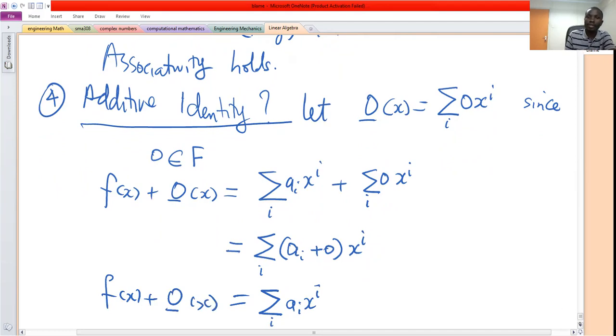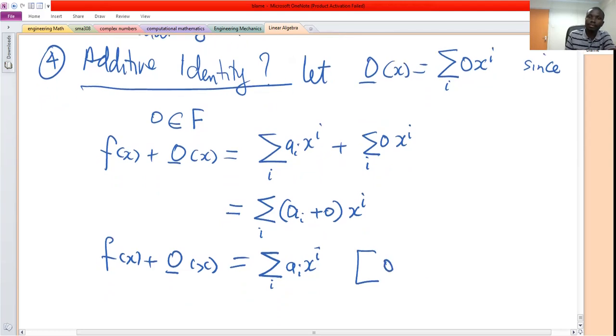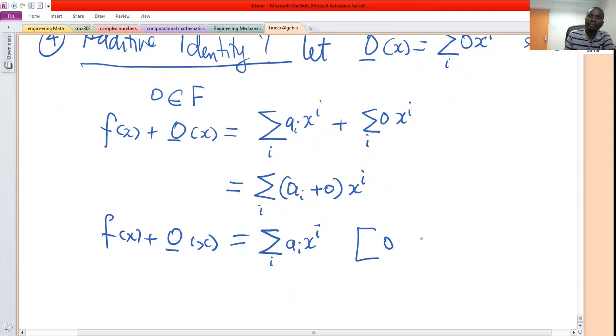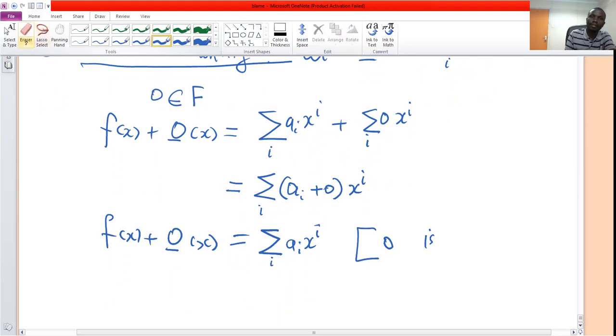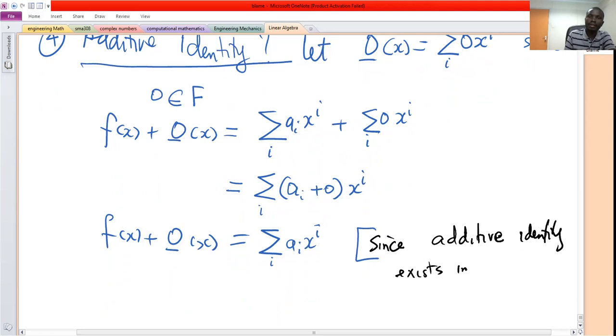The reason why you're saying that is because I can just say, since the additive identity exists in F, a_i plus 0 is just the same as a_i.